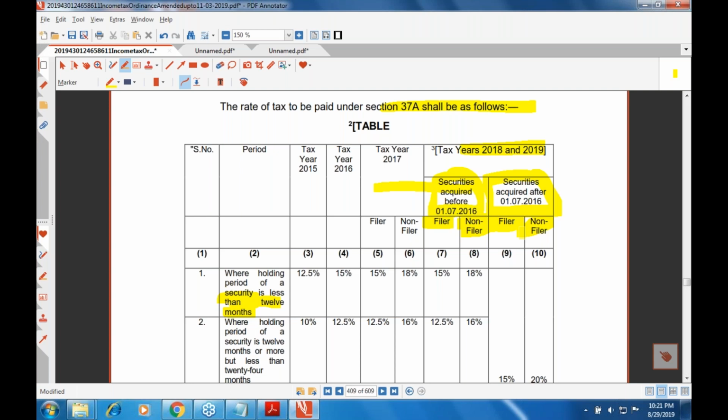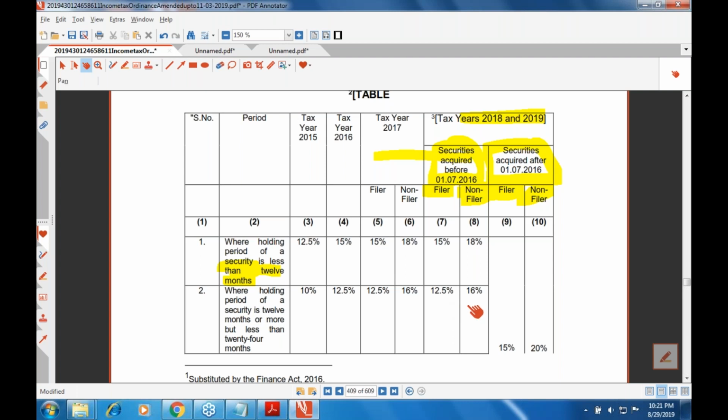So basically, if you compare the rates applicable for the filer and non-filer, you would see a clear difference: the filer pays a lower tax and the non-filer pays a higher tax. That's how the tax rate changes.